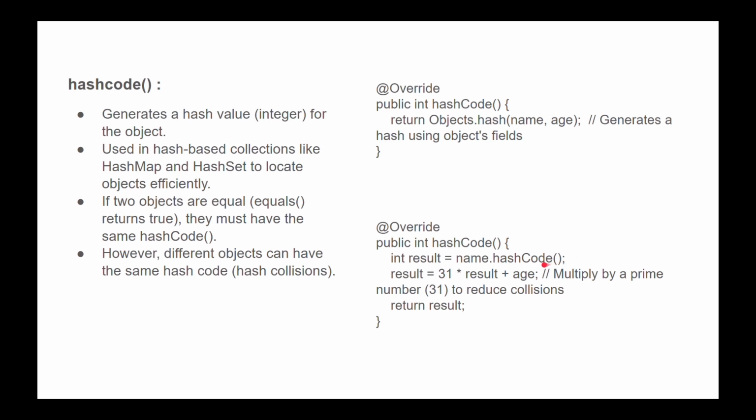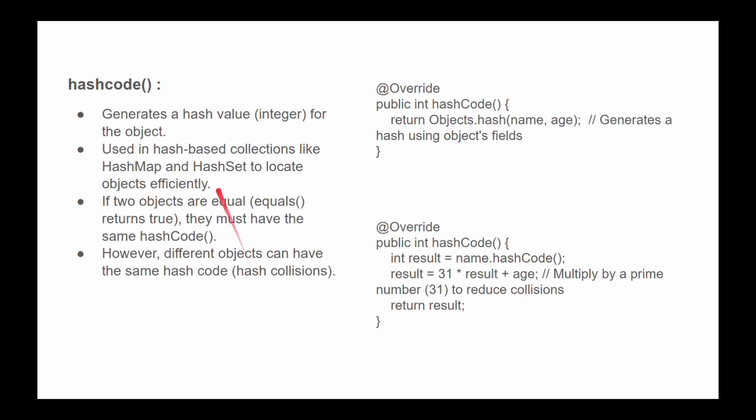Here you can get name.hashCode() and multiply the result with 31, which is a prime number, and if you add age, then you will get one integer result which is better than the default hash code. So this way you can avoid the hash collision.